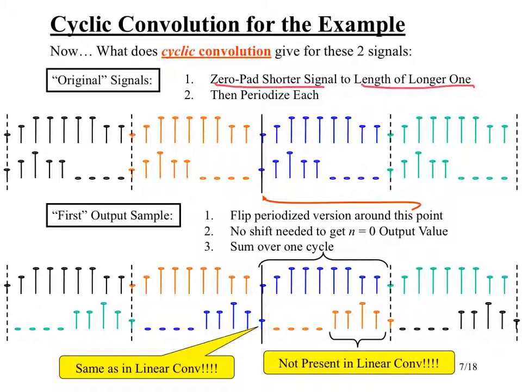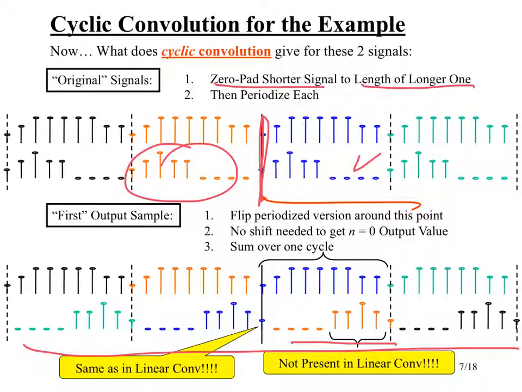To see how cyclic convolution directly works, we take this periodized version of these two signals, and we flip one of them. I'm going to flip the same one, so the bottom one corresponds to the shorter sequence, which I think was our H signal, our impulse response. I'm going to flip the periodized one around this point, so I'm going to anchor that point and flip it. Down here, the bottom one is now the flipped version of that, and you can see that when I did that, this orange one ends up over here now.